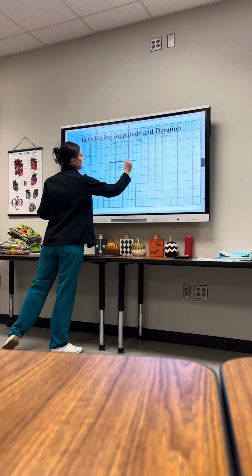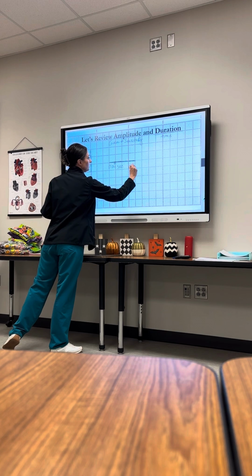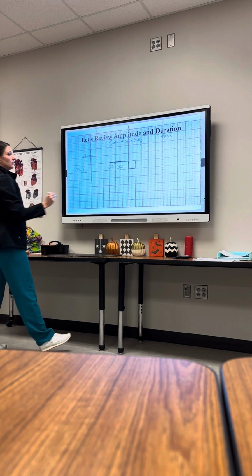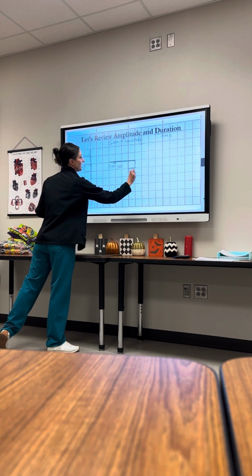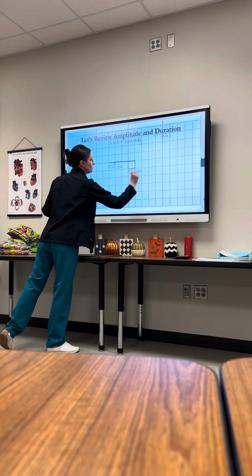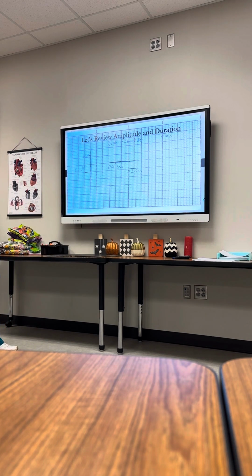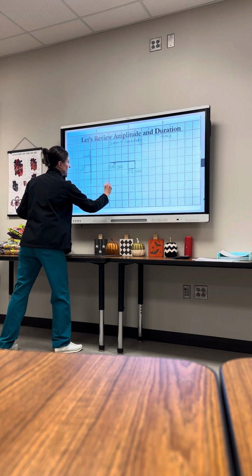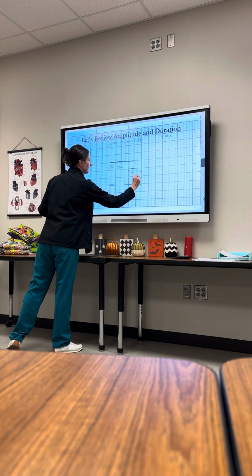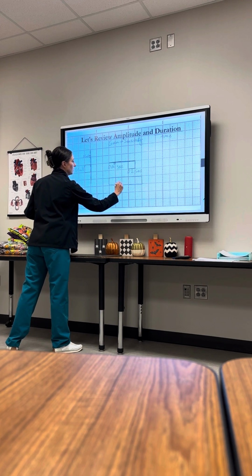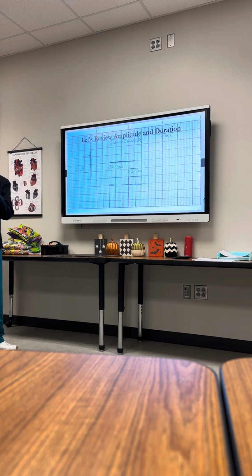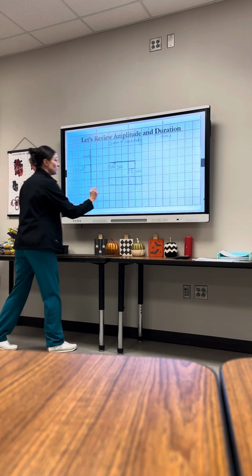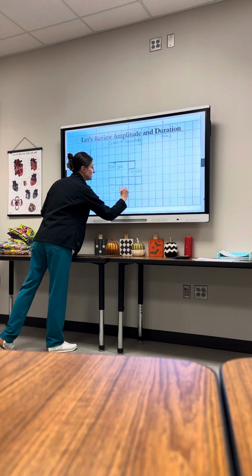Okay, what's the value of one large box? 0.2 seconds. Very good. Okay, how about this right here? I've got 1, 2, 3, 4, 5 large boxes equals 1 second.